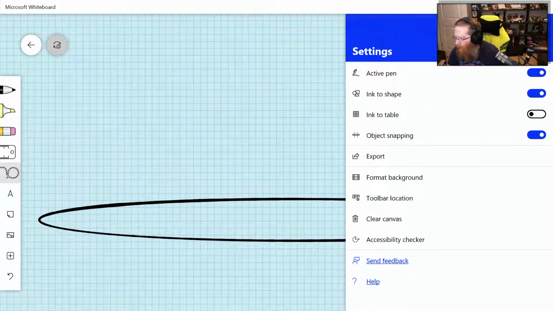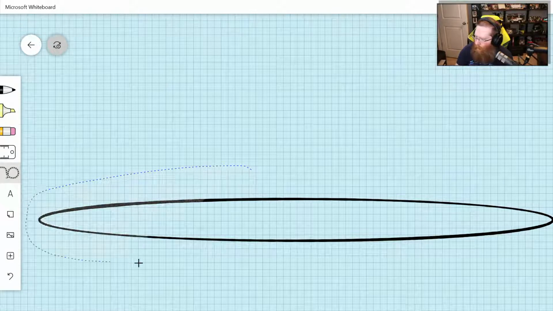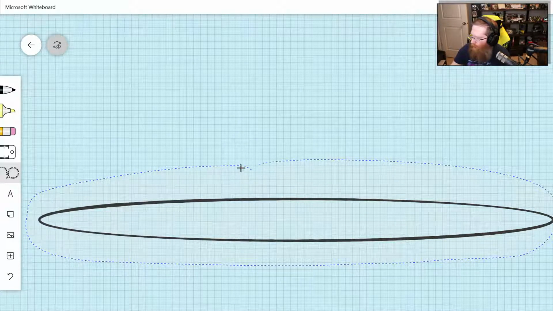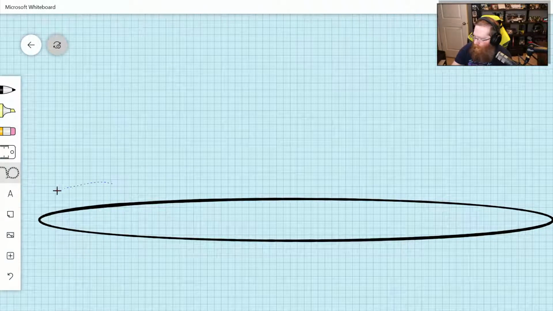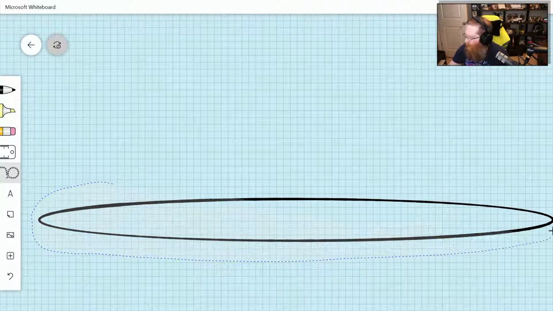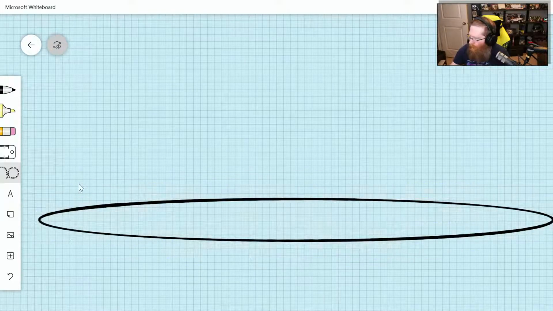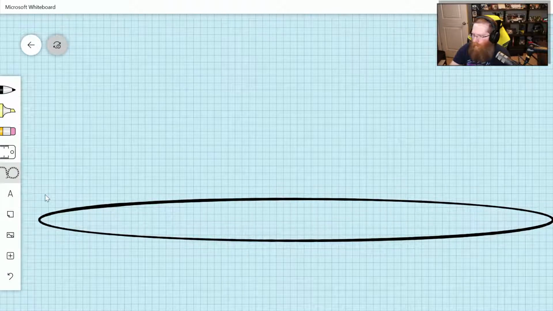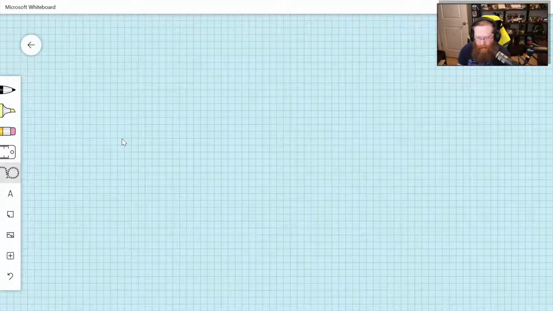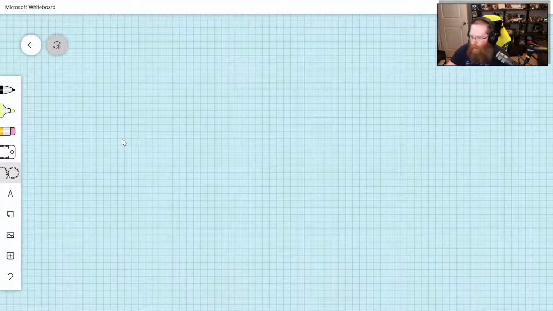Let me see if I can turn the shape thing off because this is getting an object snapping. Fine. Okay, I'll create a new one. All right.